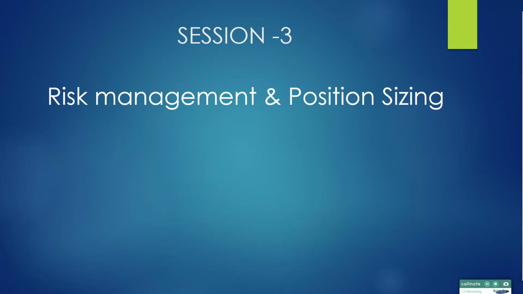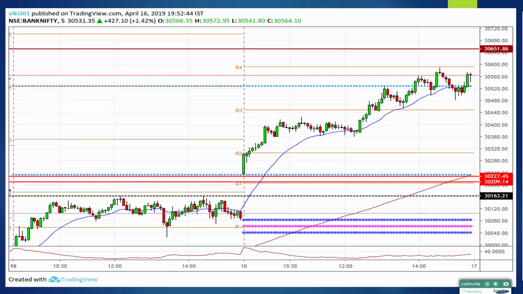Jyoti is asking whether the 20 MA plotted on the 5 minutes chart is based on daily price. No, this is all on the 5 minutes time frame, 20 MA, and this is the red line. What you see is the supply zone. This was actually a strong resistance zone.